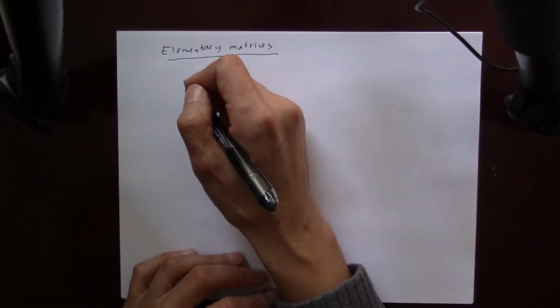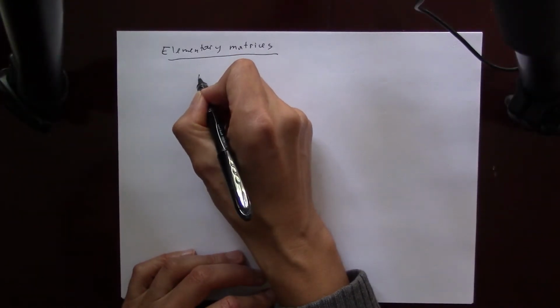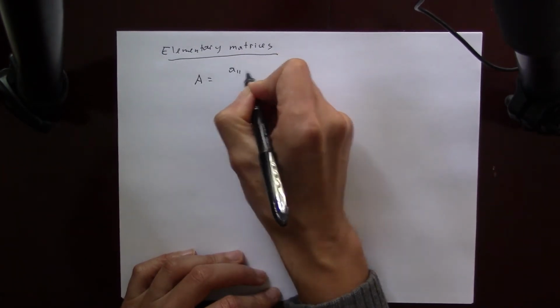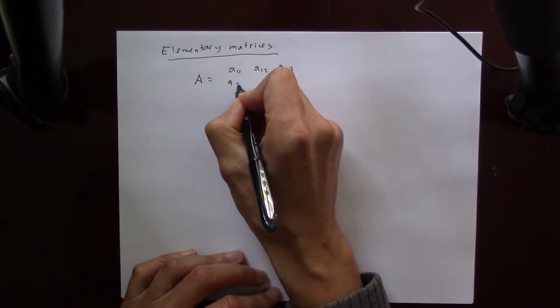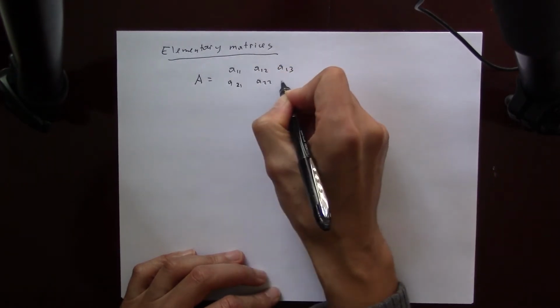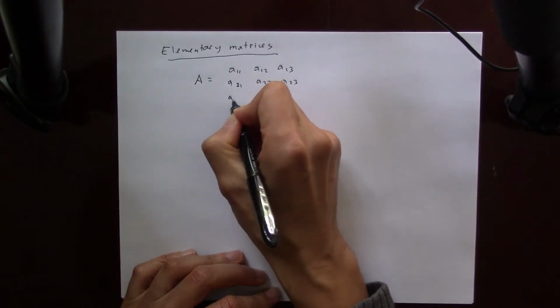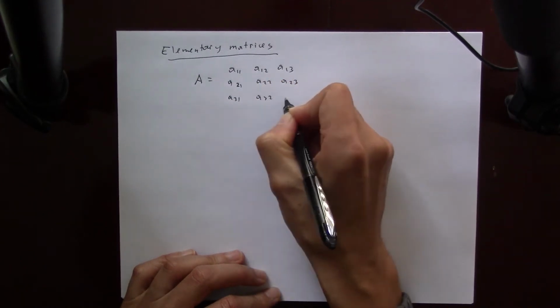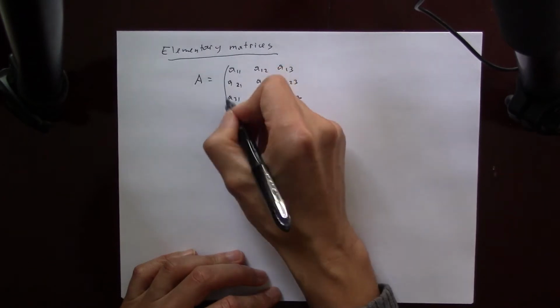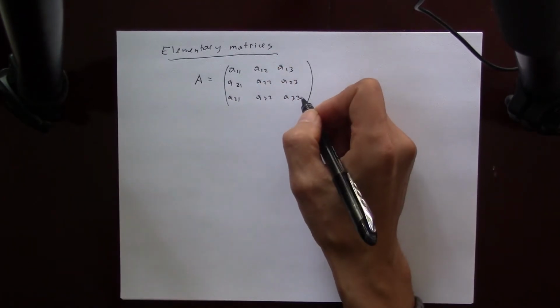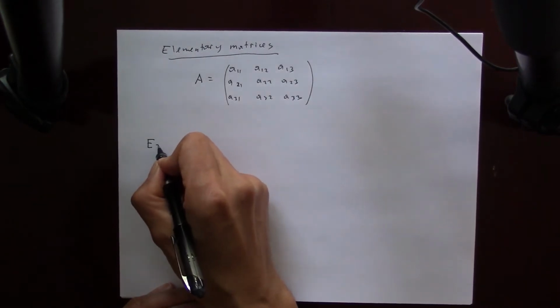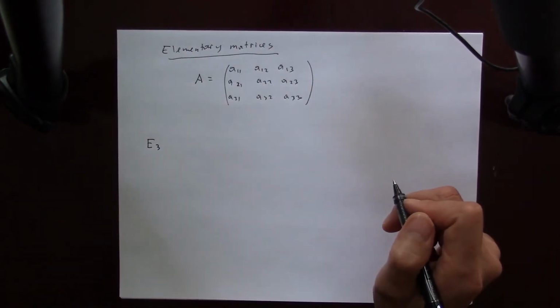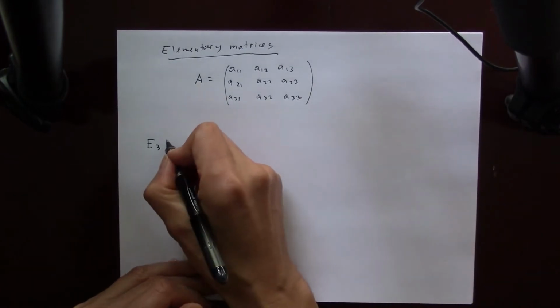For example, if I have matrix A, which is A11, A12, A13, A21, A22, A23, A31, A32, A33, then I can define what the E3 elementary matrix is.